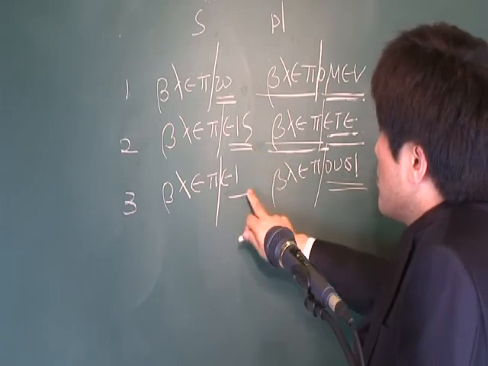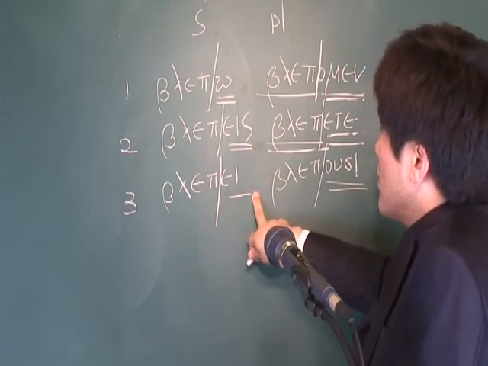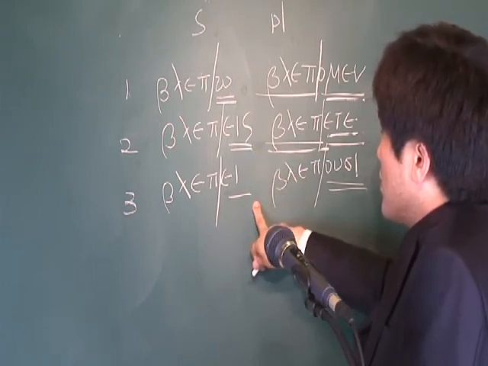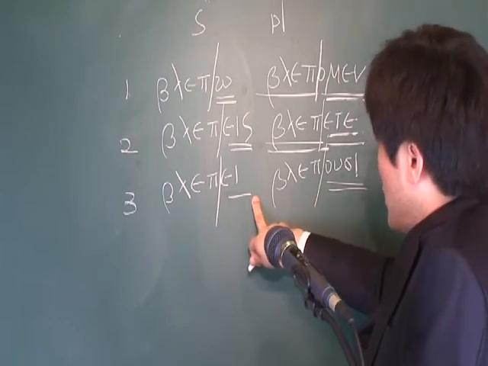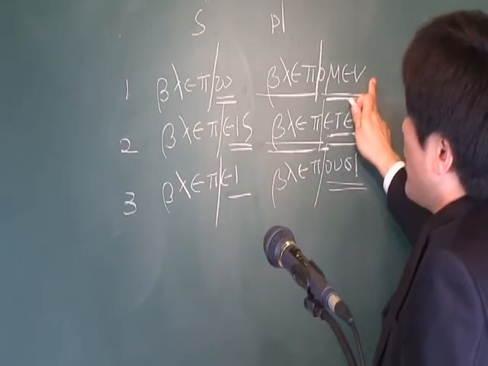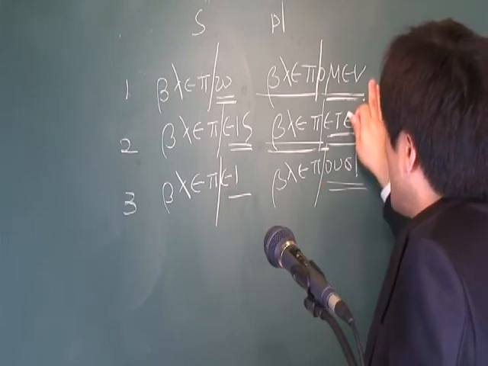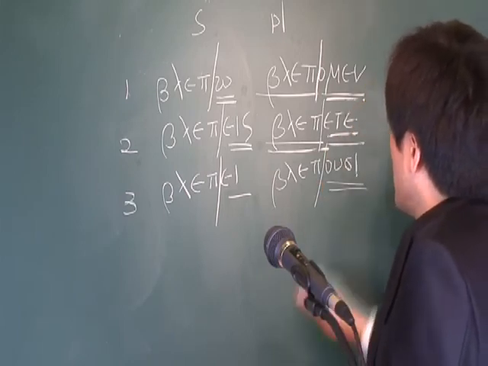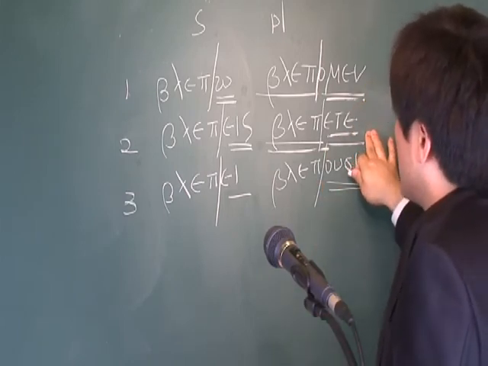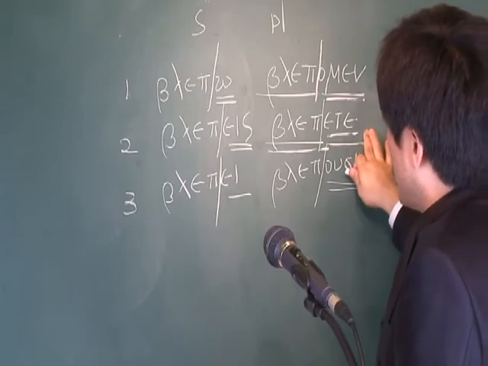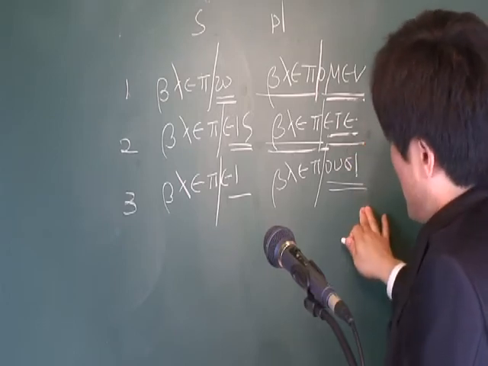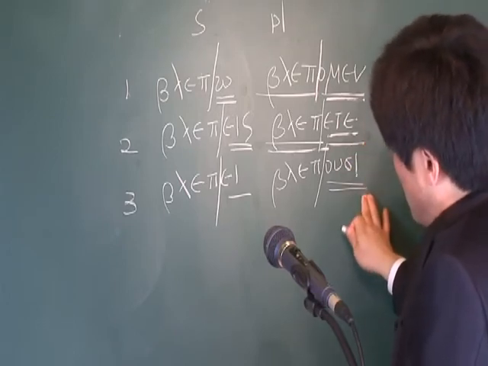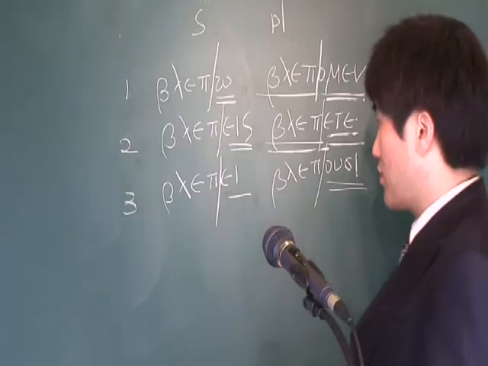Next, the fifth example. This is also a verb we previously learned. When analyzed, there is the stem lu. It has been put together with the personal ending omen. What does lu mean?